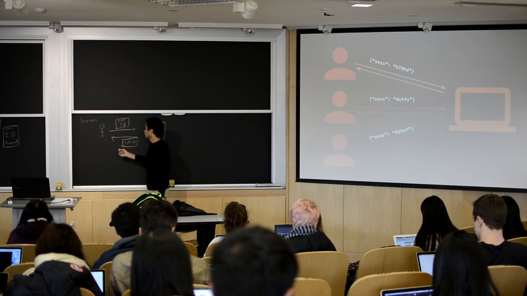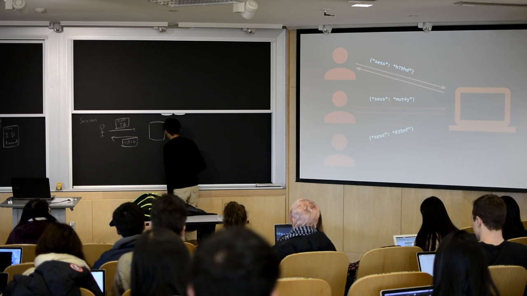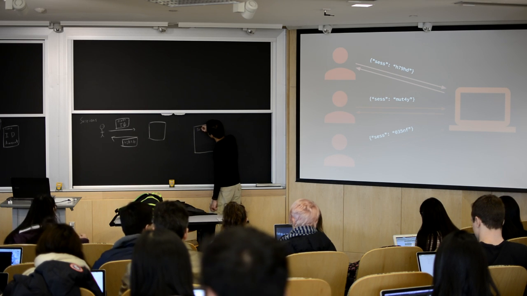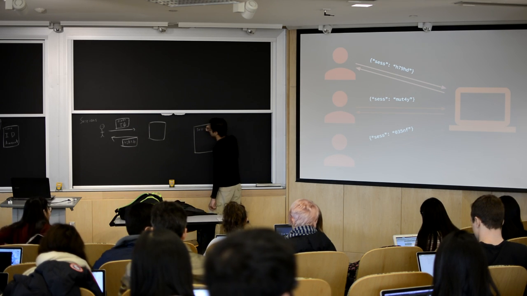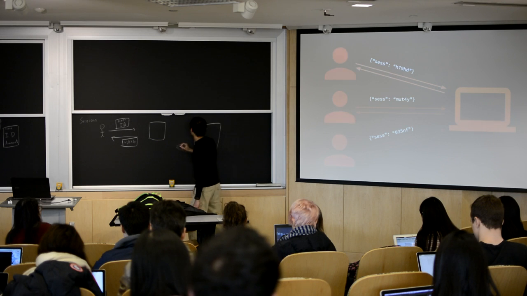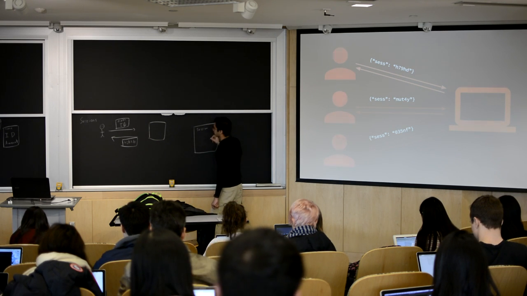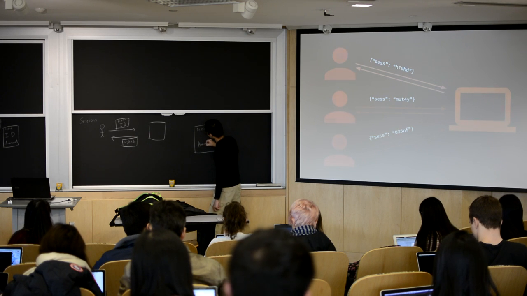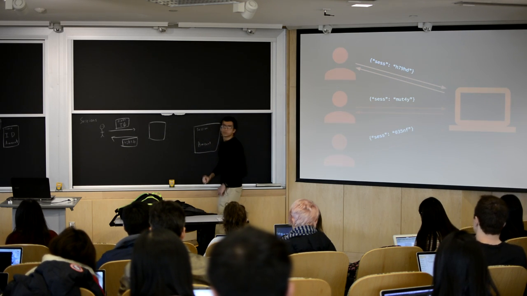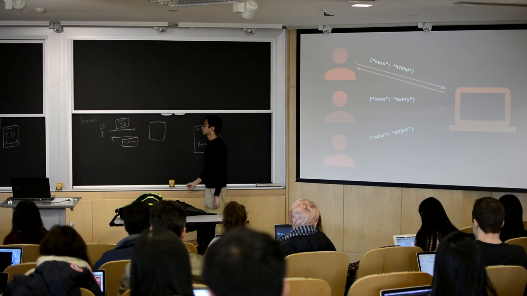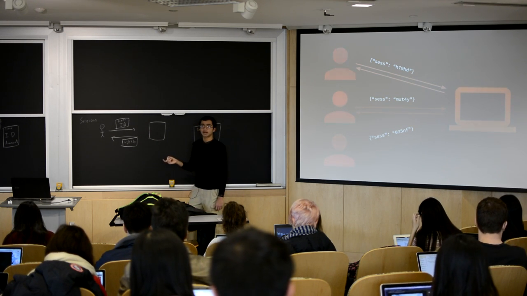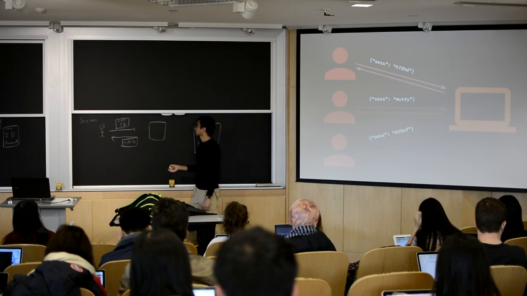Now say I want to pay Aaron $100. What I'd say is something like this: a session token, which is HJ83B, and I tell the bank the amount. The difference between this and the previous case is that before, we were sending our username and our password with every single request to the bank.